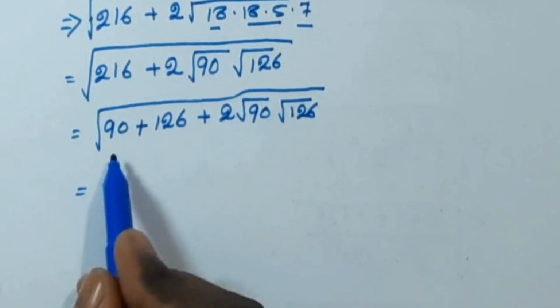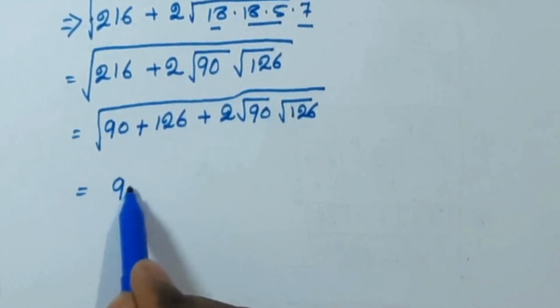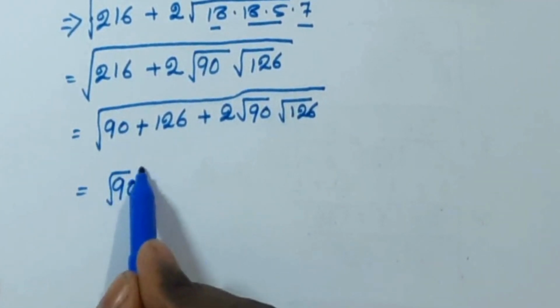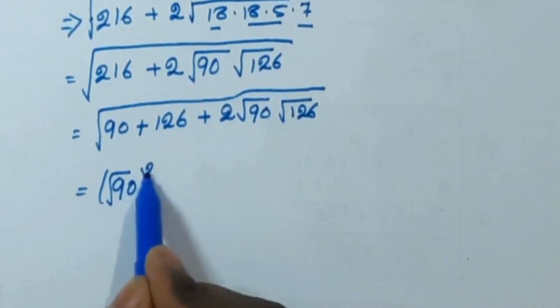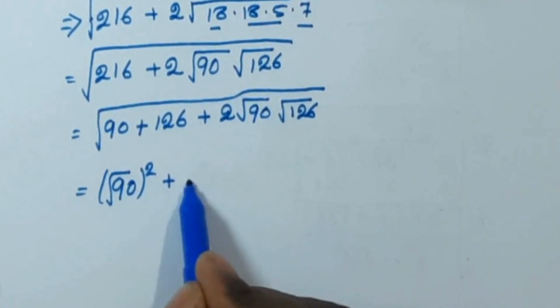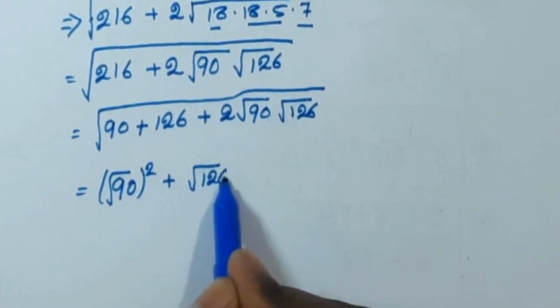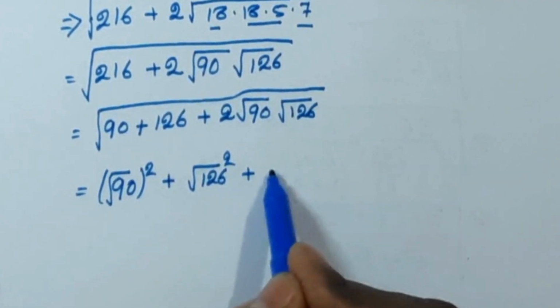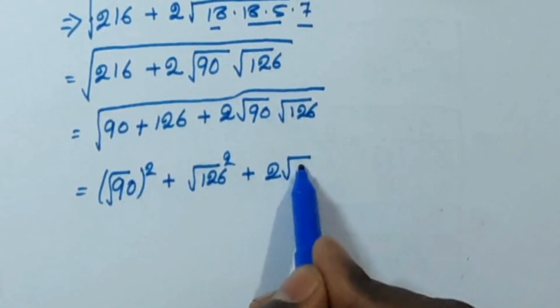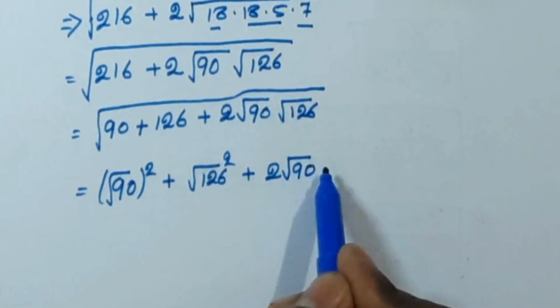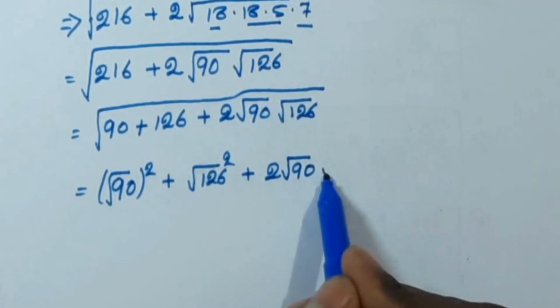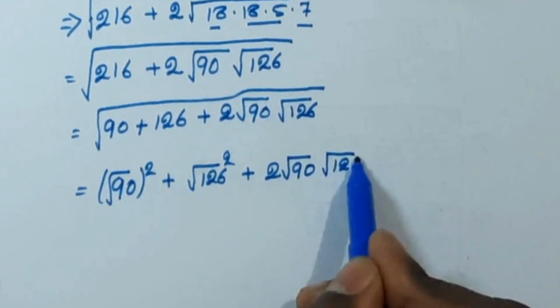Also, this 90 can be written as square root of 90 square plus square root of 126 square plus 2 times square root of 90 times square root of 126.